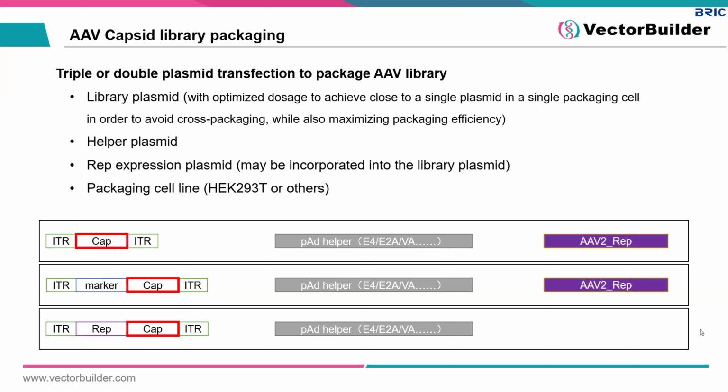The only difference is the transfer plasmid. In this kind of capsid evolution project, we use library plasmids instead of a wild-type serotype of AAV capsids. We would also include the helper plasmid and Rep-Cap expression plasmid to do triple transfection in HEK293T cells to do virus packaging.